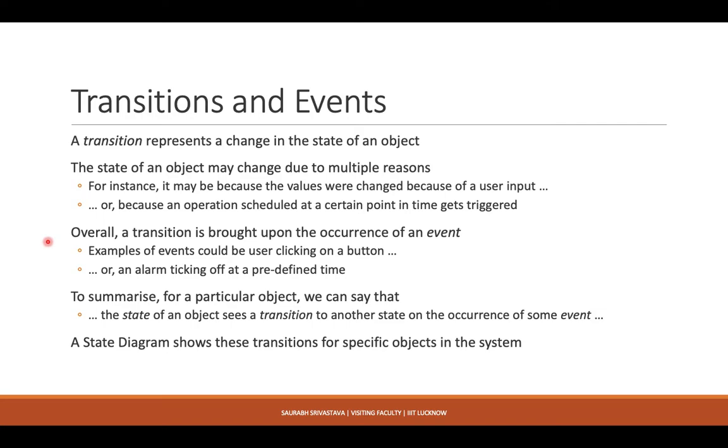But overall, what we are really trying to say is that the state of an object sees a transition to another state on the occurrence of some event. This is how we are trying to capture the behavior of that object in the system, and that is what a state diagram is going to do for you.